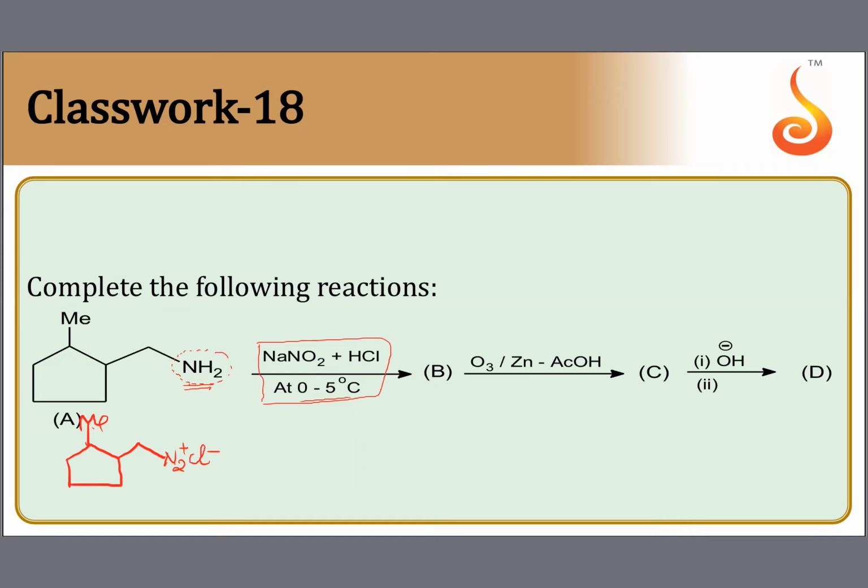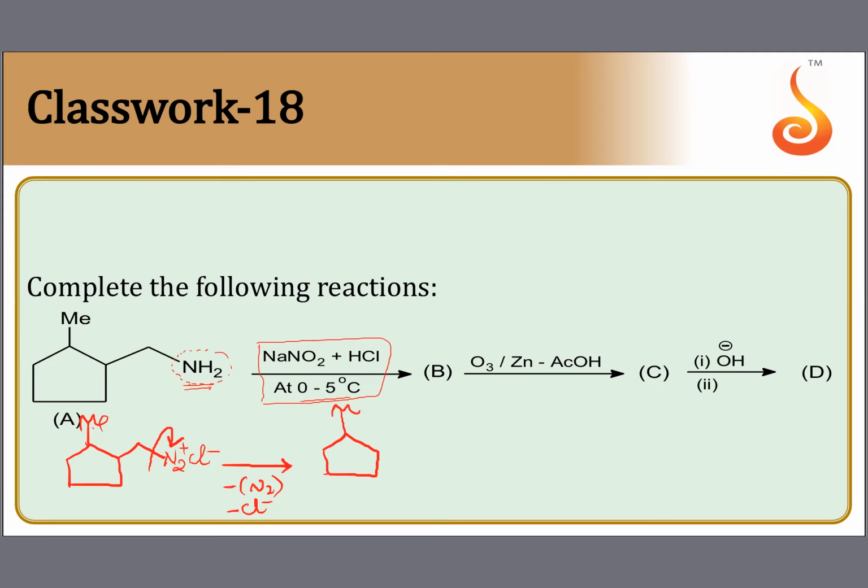But this is highly unstable. As soon as diazonium chloride is obtained, the CN bond pair shifts onto N plus, N2 gas is evolved along with Cl minus ions, leaving behind a carbocation as an intermediate.